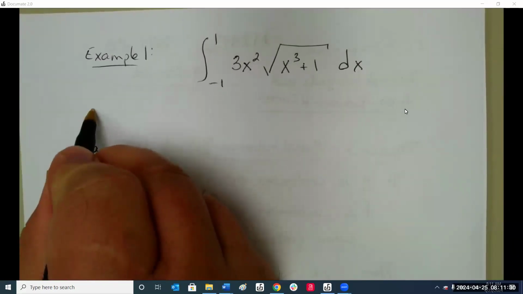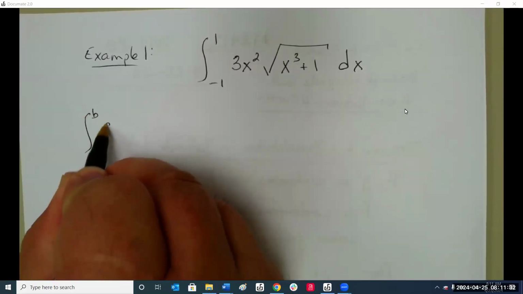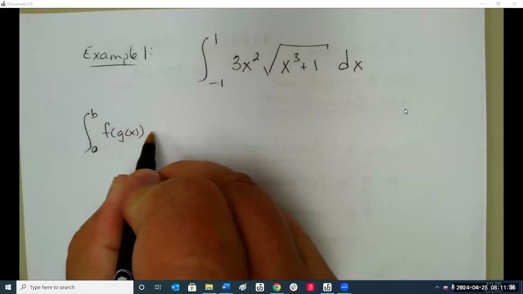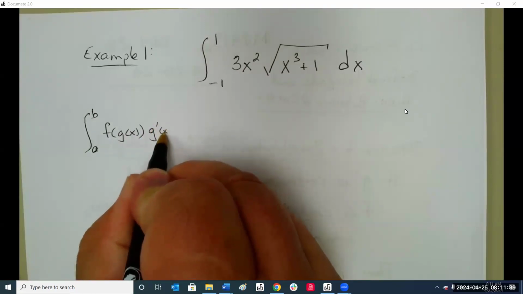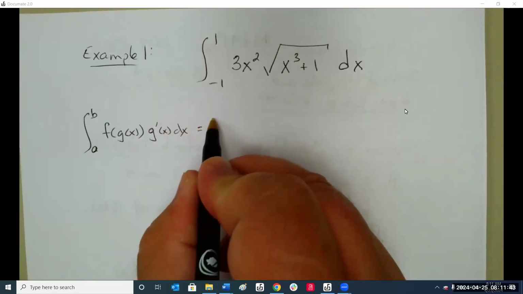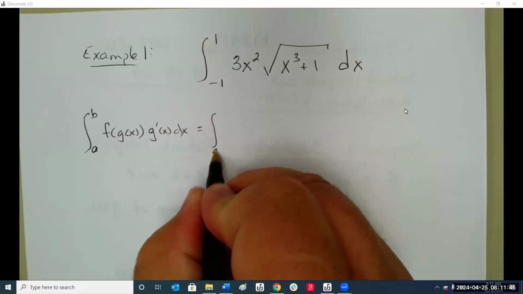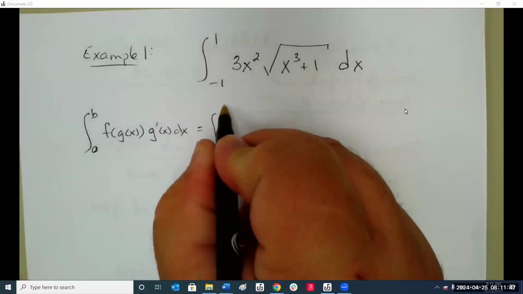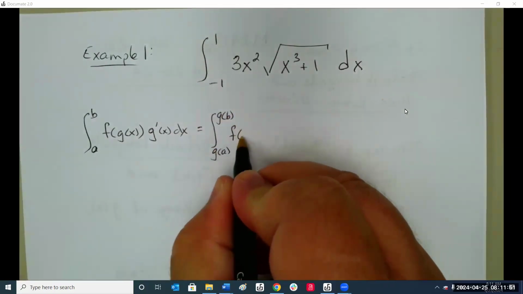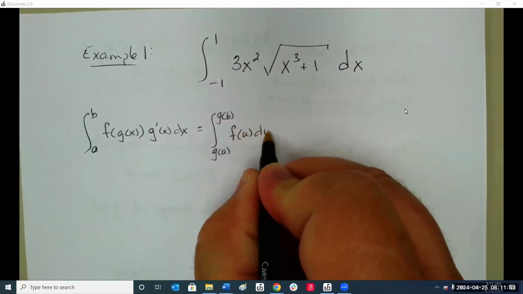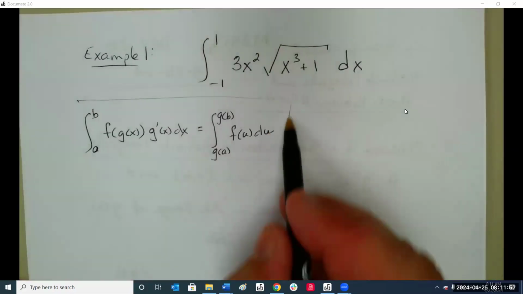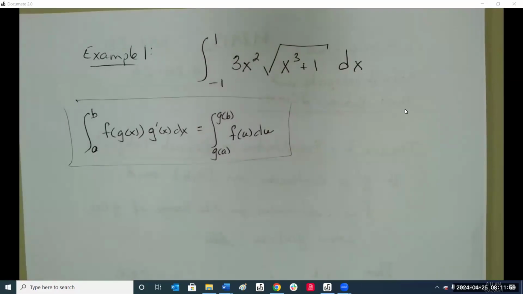We have our bounds from a to b. We have f of g of x times g prime of x dx. That equals the integral from g of a to g of b of f of u du. That's the conversion formula for substitution.